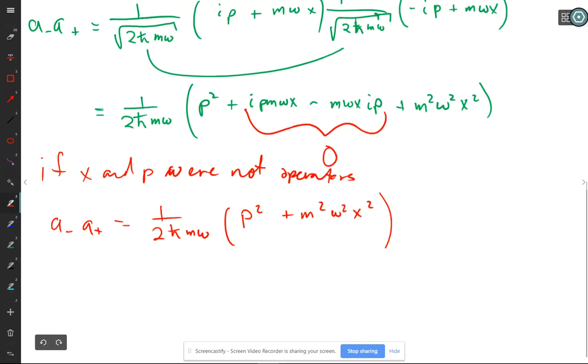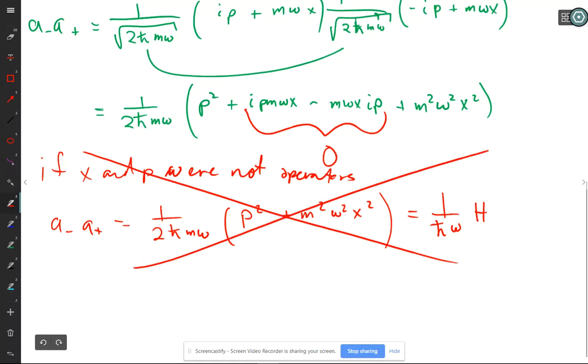And if we compare that to the Hamiltonian, that would be 1 over H bar omega times the Hamiltonian. But that is not right, because these are operators. So now we're like, what do we do with the operator?